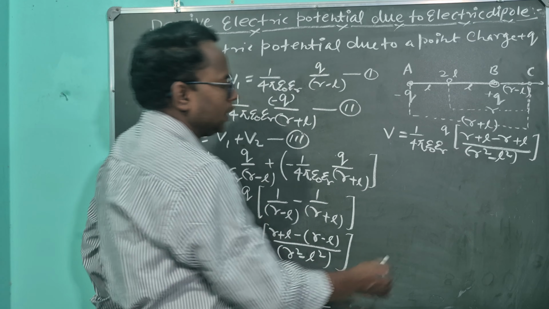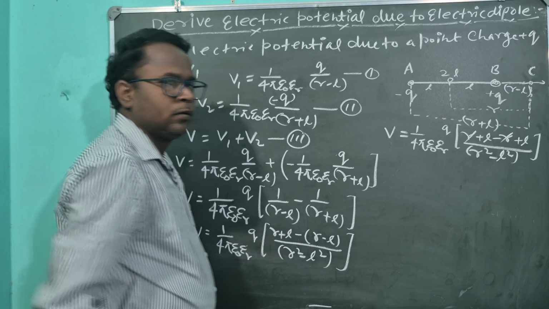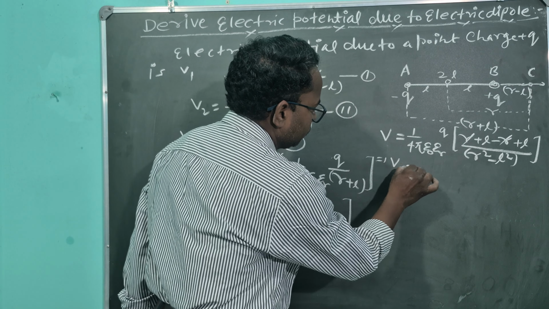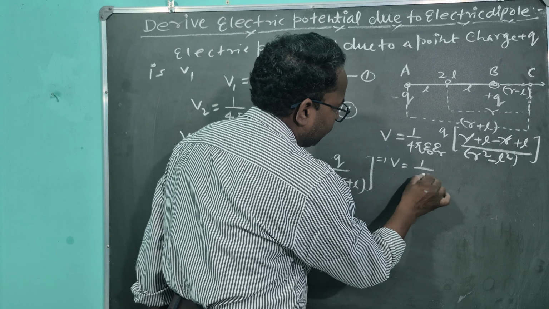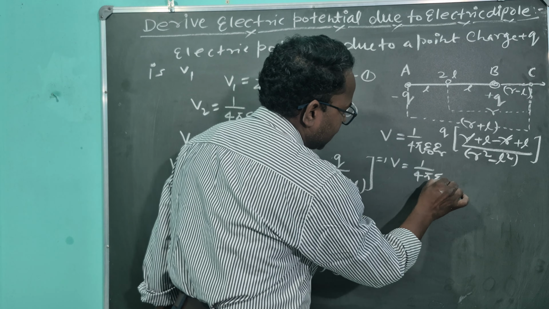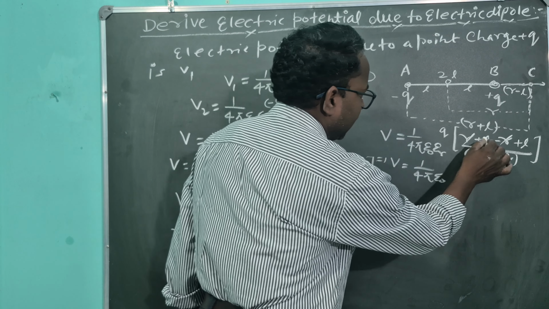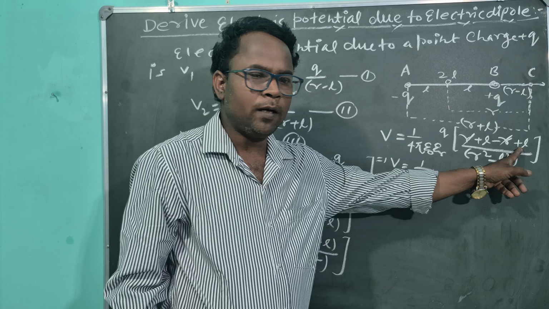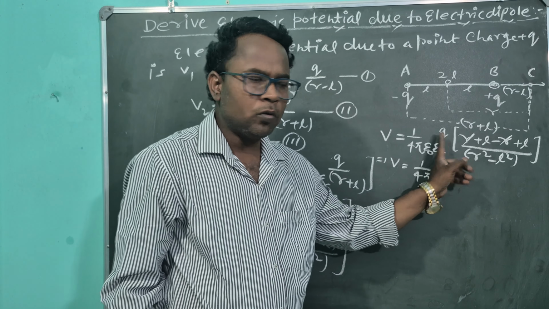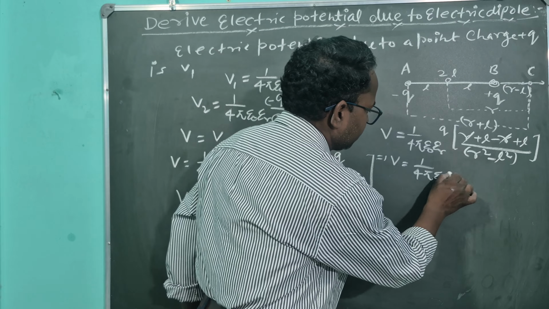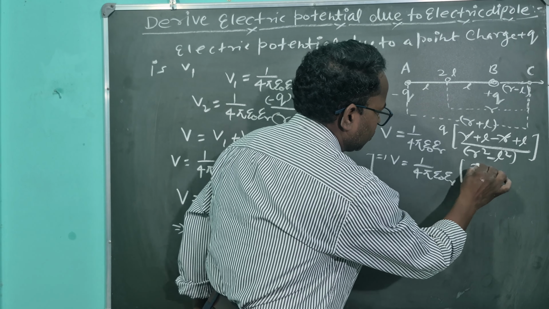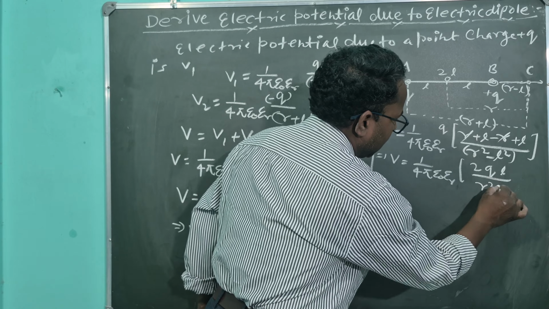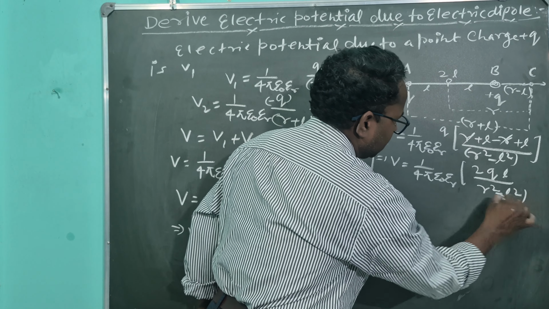Okay, here the R terms cancel. Then V is equal to 1 upon 4 pi epsilon naught epsilon r, L plus L, that is 2L, multiplied by Q, so it becomes 2QL upon R square minus L square.